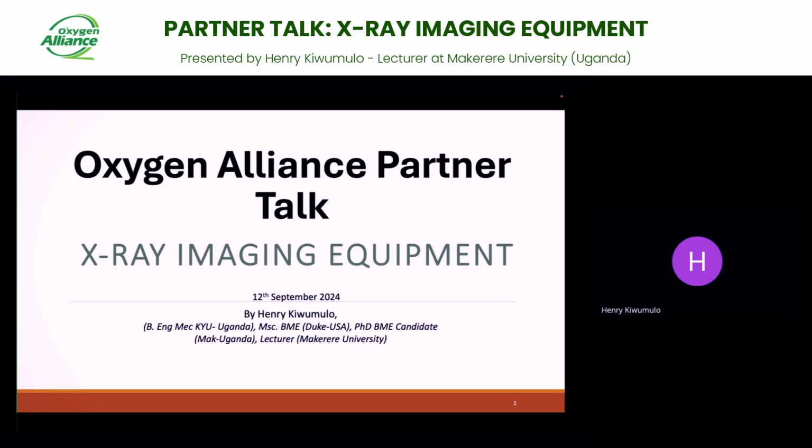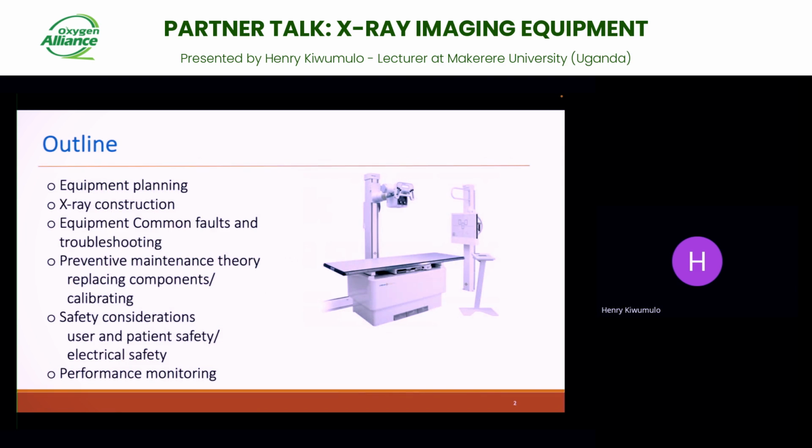This talk is intended for X-ray imaging equipment, as we shall hear. Given our time, we have a brief outline where we shall talk about the equipment planning, the X-ray construction, the equipment common faults and troubleshooting, and the preventive maintenance theory.